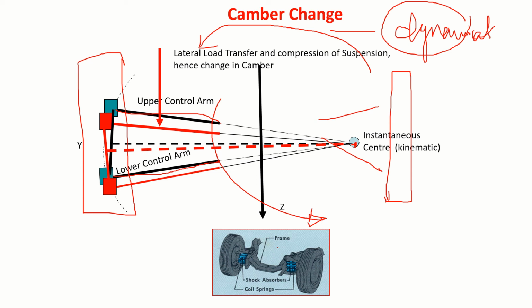The more load gets transferred to this side, the suspension may get compressed, so the wheel may tilt outwards. This wheel may tilt a little inwards because it gets released. So camber changes during dynamic conditions. Whenever you are taking a turn, because of lateral load transfer, camber changes.